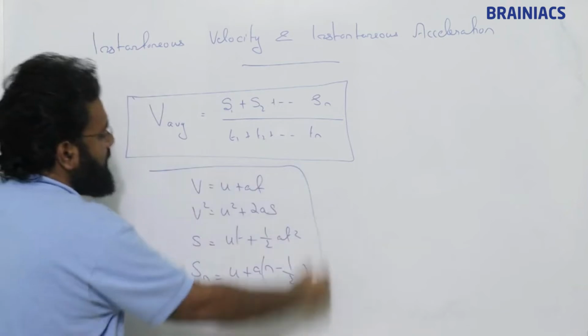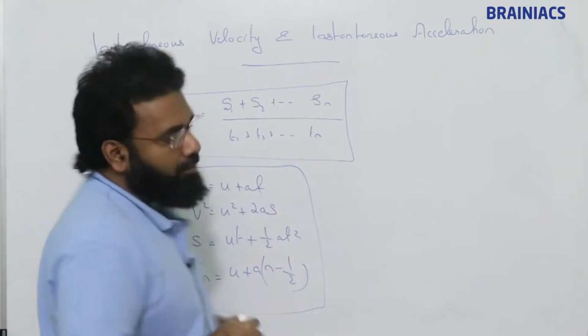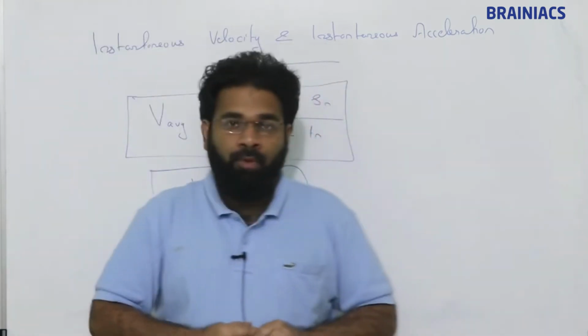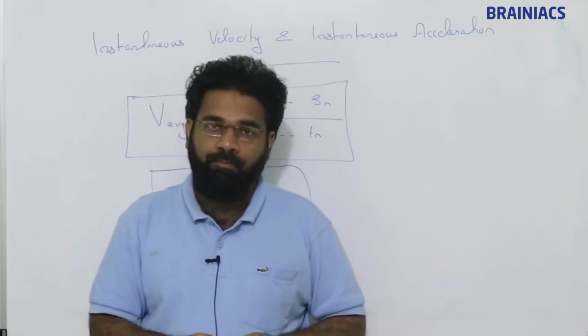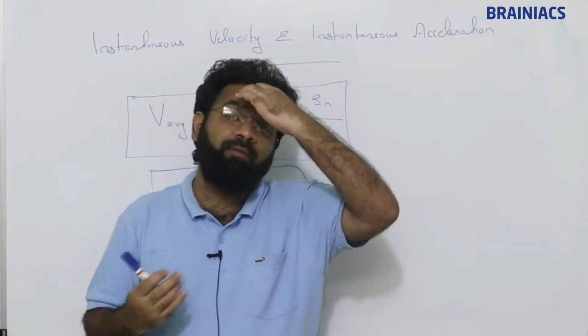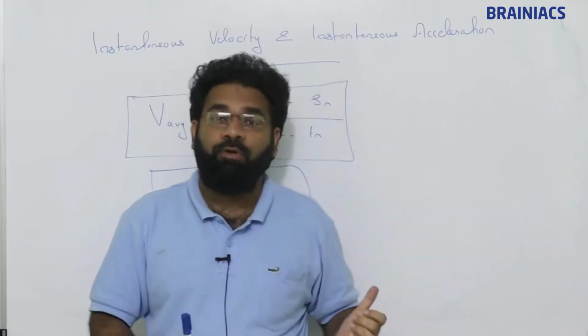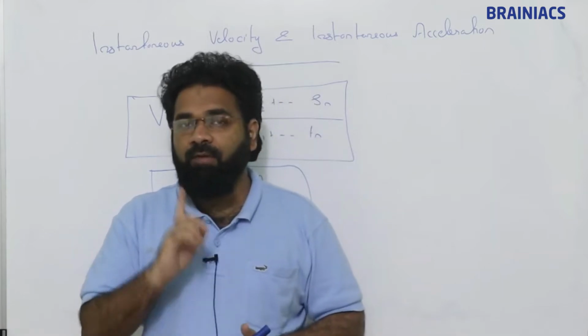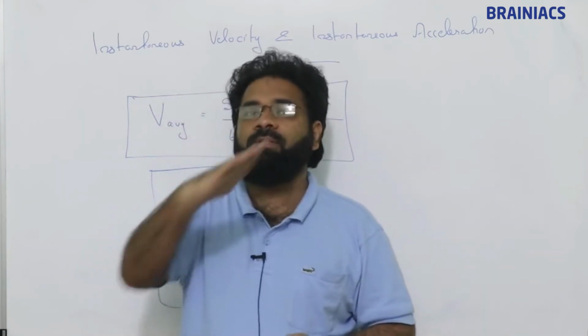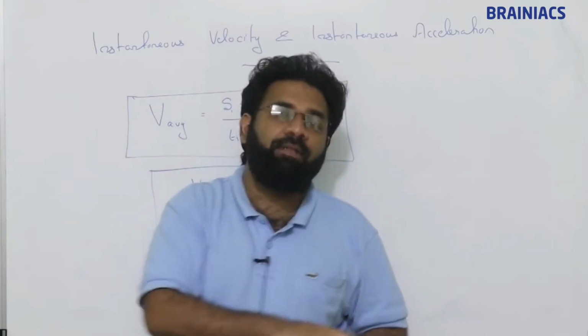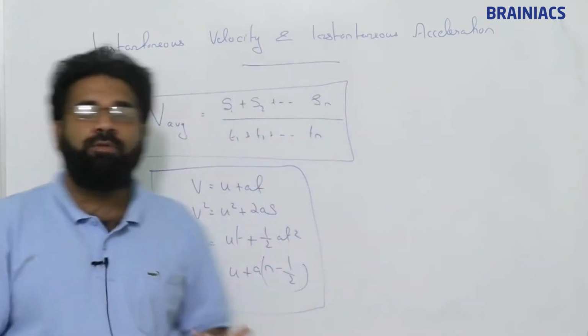All these equations of kinematics we can apply only if we have a single value of acceleration. We had a lot of discussion on that. If the vehicle keeps on accelerating or keeps on decelerating, in these kinds of situations we can use this.